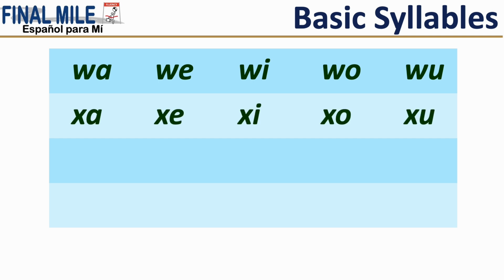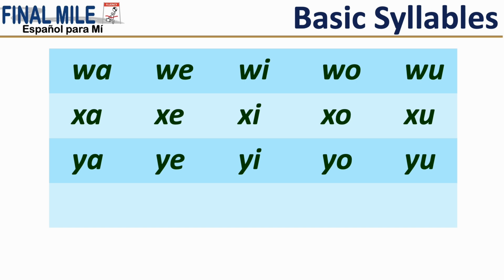And this is the one that has different sounds depending on whether it is a regular word or an indigenous word. So let's just focus on regular words now. It is going to sound like the combination of a K and an S. Xa, xe, xi, xo, xu. Y, just a little bit stronger than the Y sound in English.